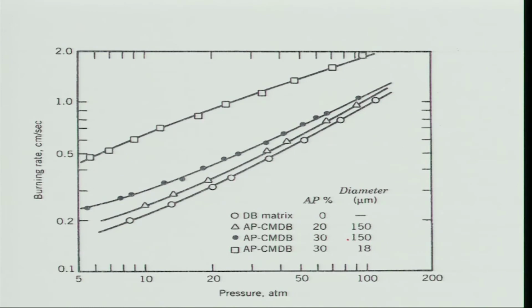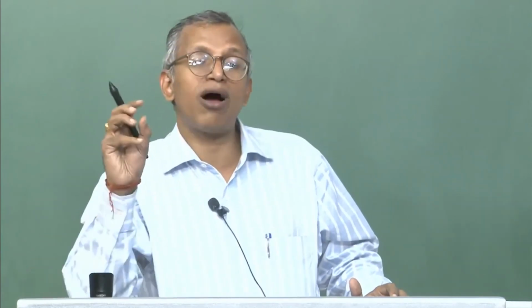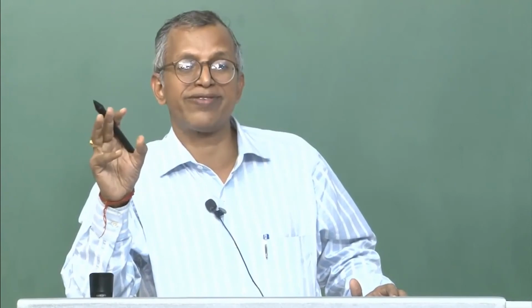A very interesting thing you will see: this is 150 microns, the average diameter of the AP particles. But if I reduce it to 18, you get a much higher burning rate, with similar behavior as far as pressure is concerned. That means it also depends on the particle size.